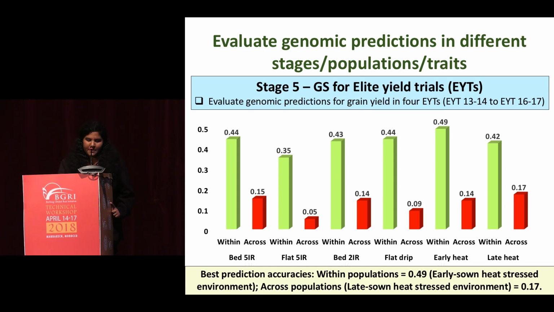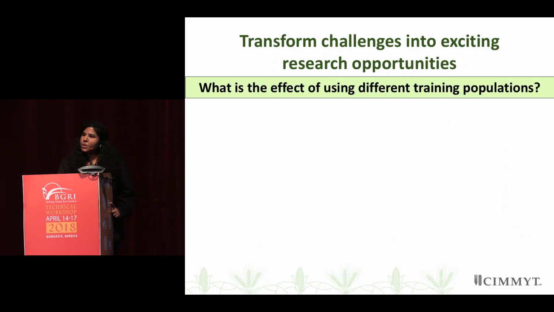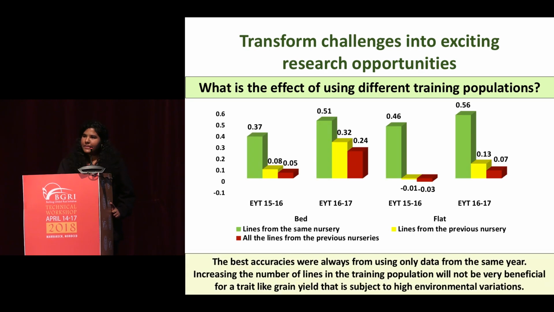And so we wanted to look at the effect of using different training populations. As you can see from this graph, I have shown the data for 2 different nurseries and bed and flat planting systems. The green bars show the accuracies that you get when you use lines from the same nursery. The yellow bar shows the accuracies when you use lines from a previous nursery.